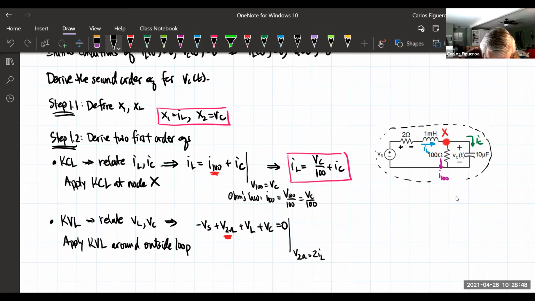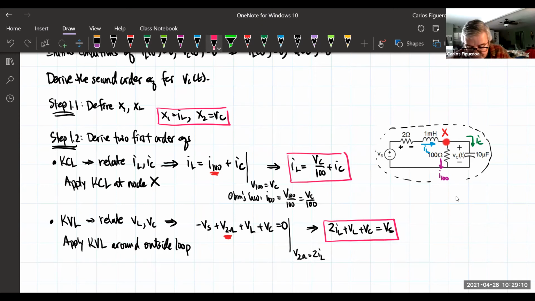Okay, so I'm going to take the source to the other side now. Then I'm going to rewrite the 2 ohm resistor in terms of 2IL plus VL plus VC equals V source. Look what I have.